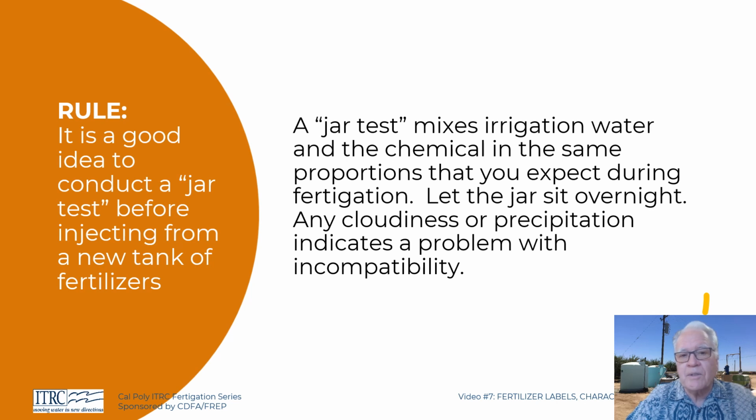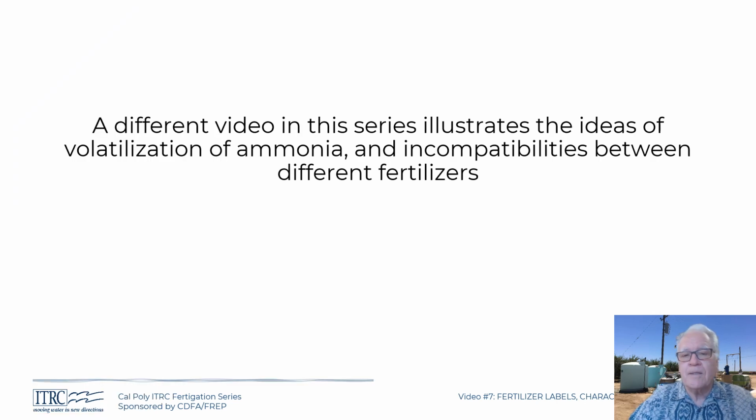It turns out if you really stick a lot of chemical in the irrigation water, sometimes it overloads the system and you don't see the problem. But you let the jar sit overnight, and if there's cloudiness or precipitation, there may be a problem with compatibility. Again, to repeat, there's a different video in this series that illustrates these ideas: volatilization of ammonia and incompatibility.